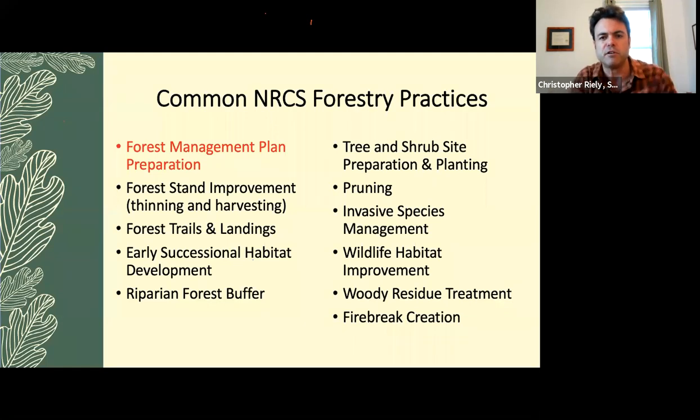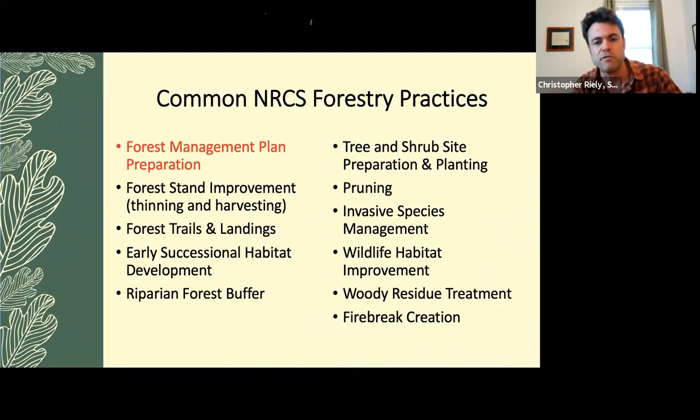This is a menu that shows some of the most common NRCS forestry practices here in the Northeast. I think this might cover about 90% of the practices you'll see here in Southern New England. I've highlighted forest management plan preparation in red because that's an important one. It's the process of developing a blueprint or a strategic plan for your land over a 10-year period.